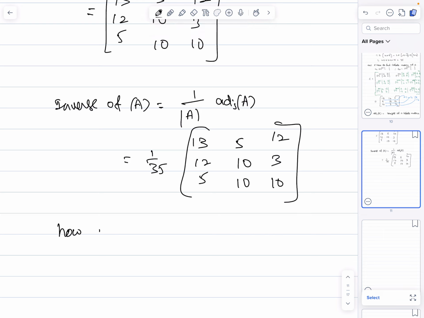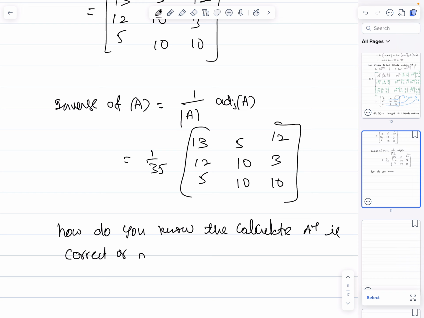How do you know the calculated A inverse is correct or not?